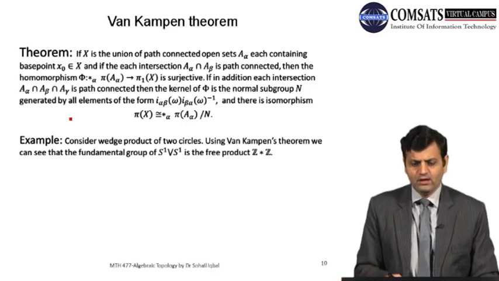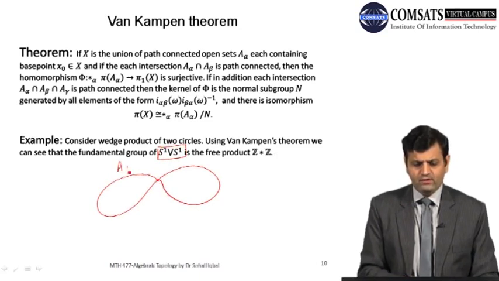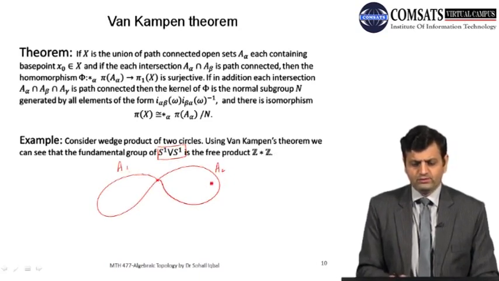So now let's see how we can use Van Kampen's theorem to calculate the fundamental group of the wedge sum of these 2 circles. Basically it's a space like this, and we can take this part to be A1 and this part to be A2. They intersect at one point, and one point is path connected.